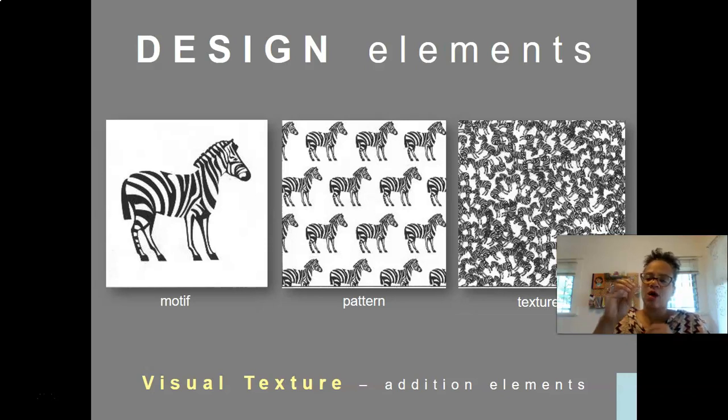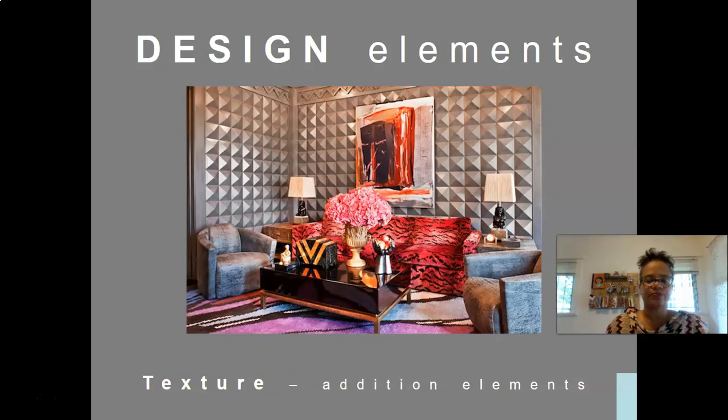But then if it gets smaller and it becomes more random, then that texture or that motif starts to become texture. Even though it really doesn't have a feel to it, visually it becomes texture. And then we have real texture, which is something you can actually touch and feel, and either feel fuzzy or feel sticky or feel hard or feel soft.